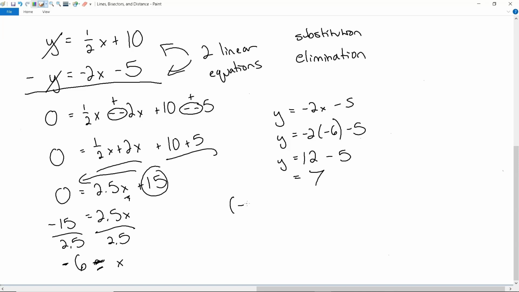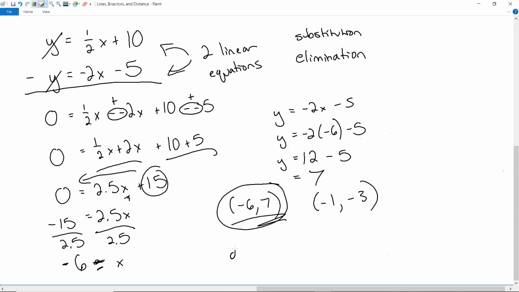So now we've got a second point to work with. So this is where our two lines intersect each other. And we also have our original point, which was -1, -3.